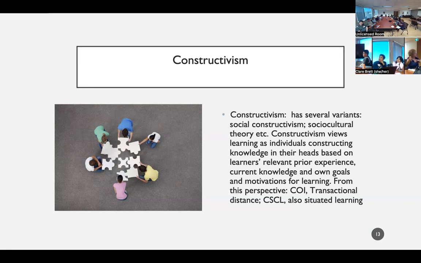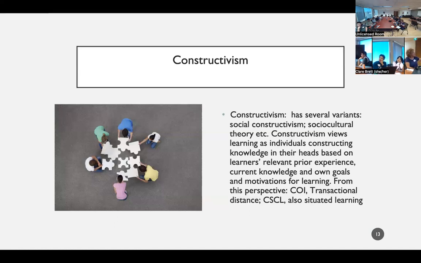It goes in that direction and looks at the outside experiences that you would have. And constructivism views learning as individuals constructing knowledge in their heads based on, very importantly, prior experience, current knowledge, own goals, and your motivations for learning, which is one of the reasons I went around to see what your last degree was, because we all come with these different views.